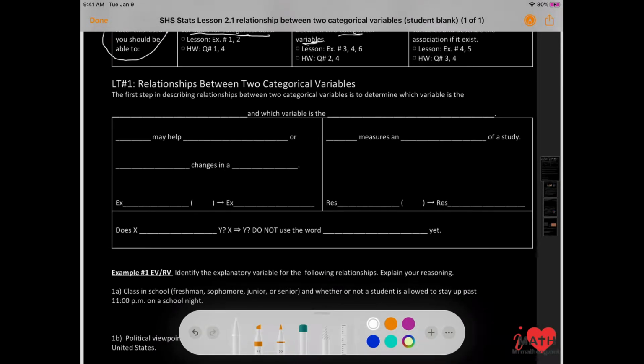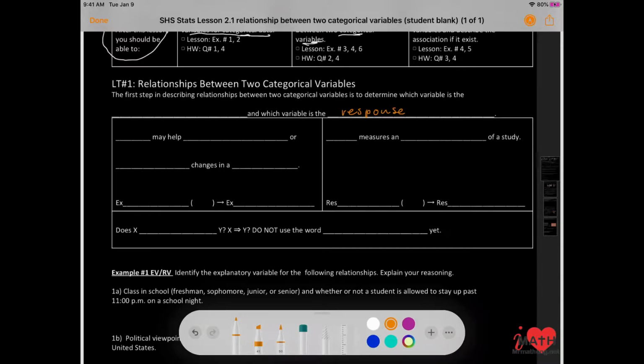All right, learning target number 1, relationships between two categorical variables. First step in describing relationships between two categorical variables is to determine which variable is the response. This one is the response variable.